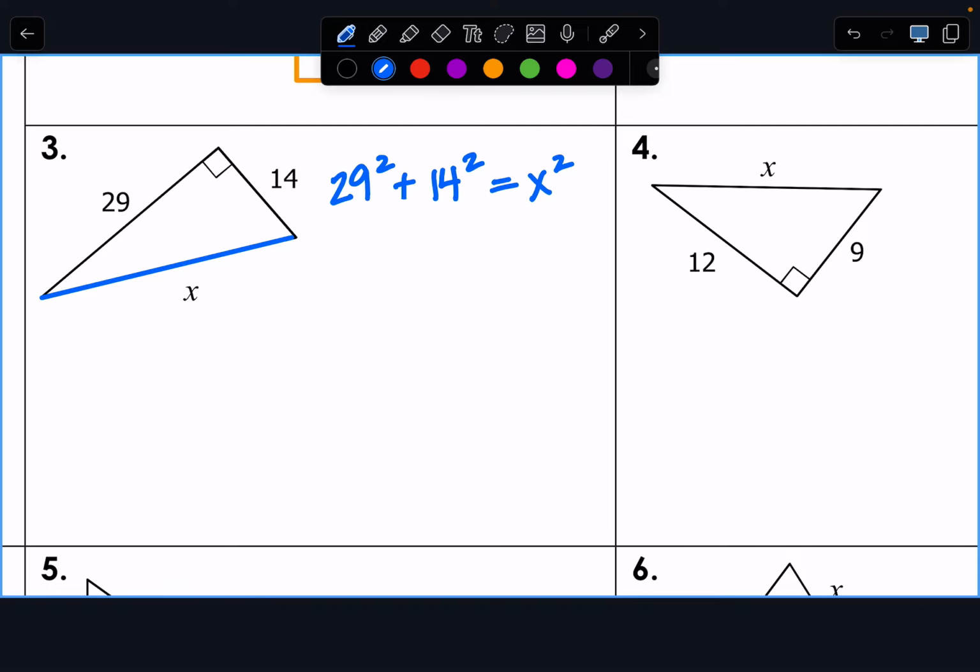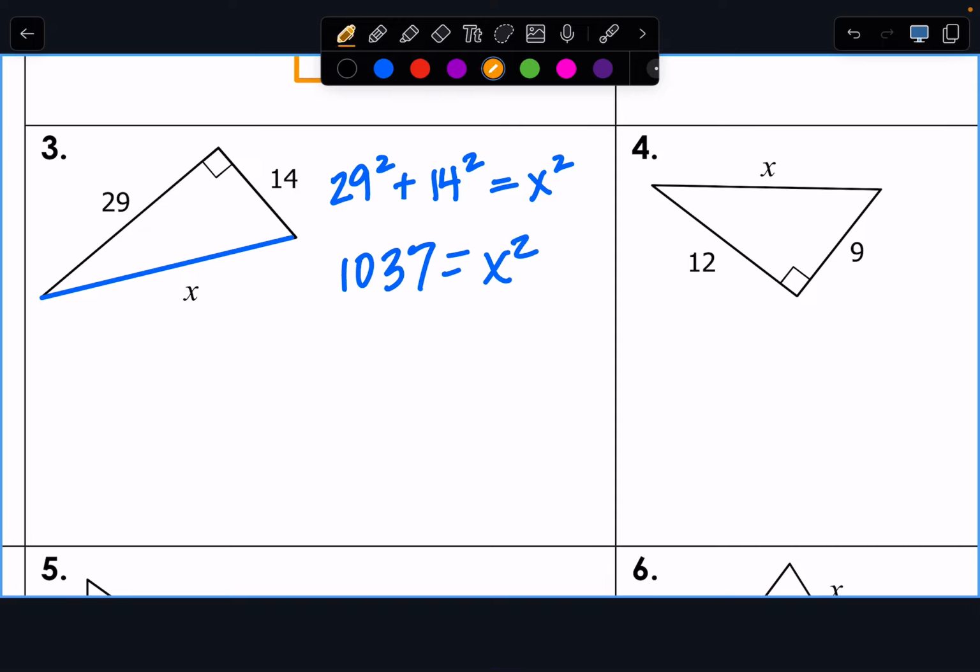Are you getting an integer value or are you getting a decimal? Decimal. Probably. Okay, so 29 squared plus 14 squared. That gave you like 1,000 and something, right? 1,037.